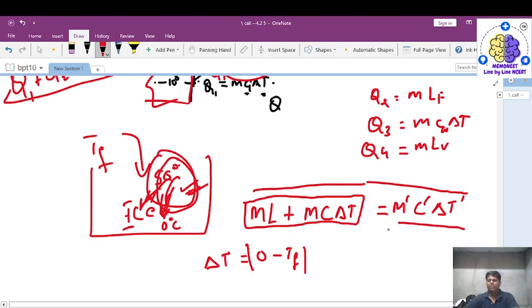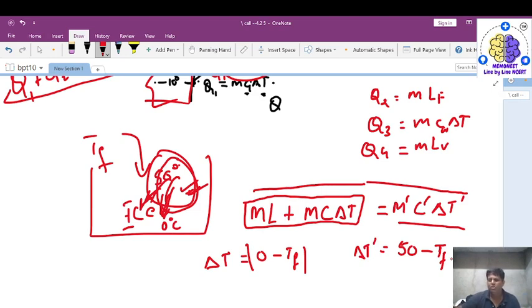So its temperature will change from 50 to T final. So the change in temperature here will be 50 minus T final. So delta T dash is equal to 50 minus T final, right? So this is how we write the expression for heat loss equal to heat gained, right?